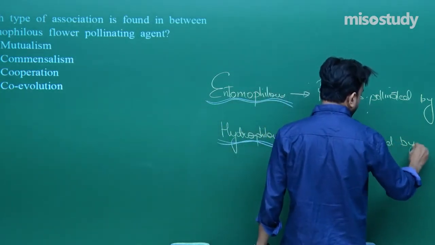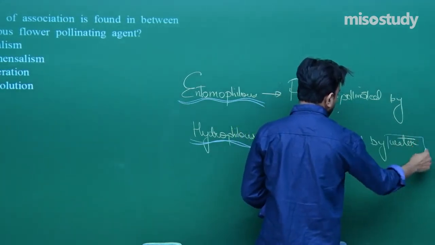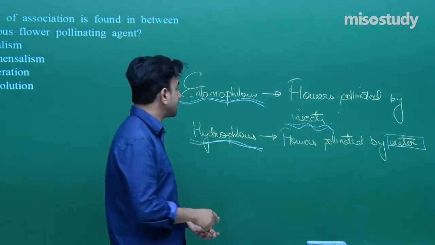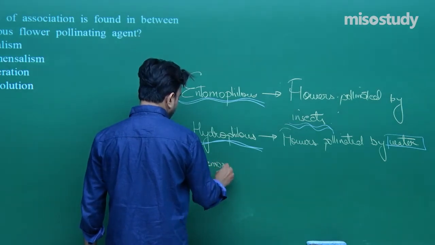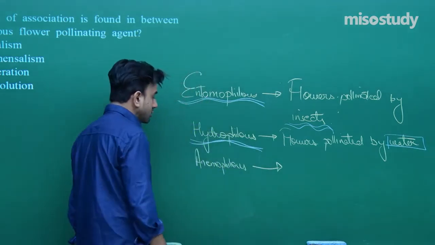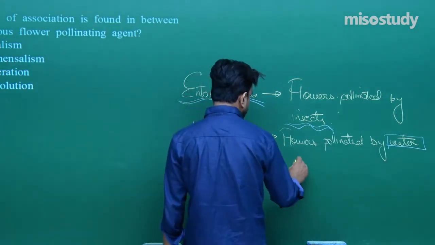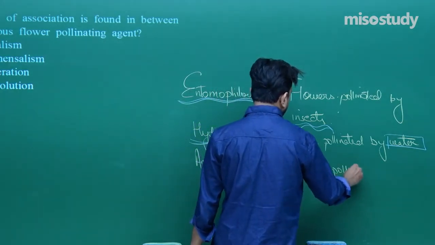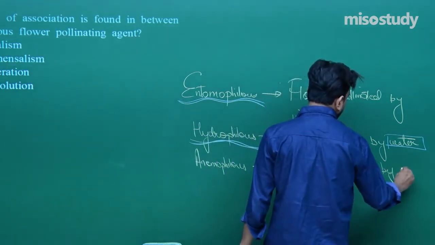The flowers which are pollinated by water are called the hydrophilous flowers. Then we have the anemophilous flowers, the flowers which will be pollinated by air.